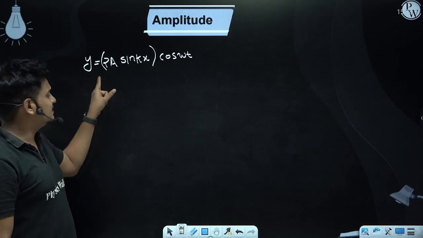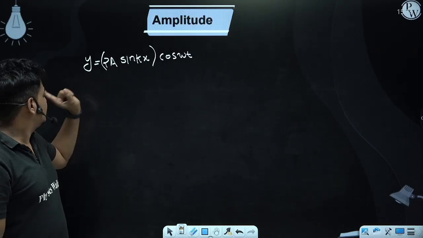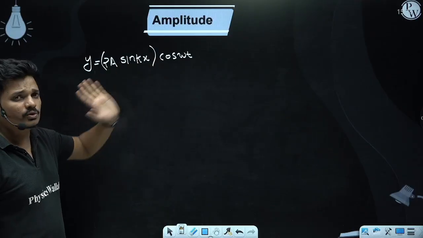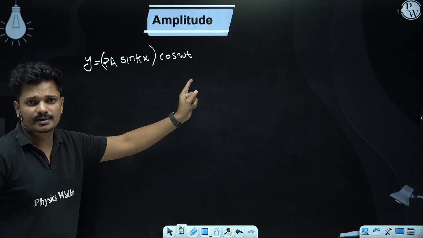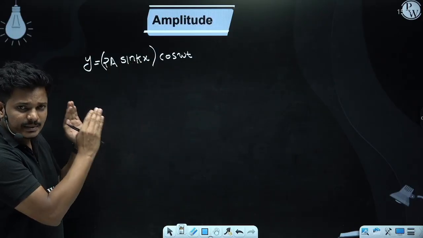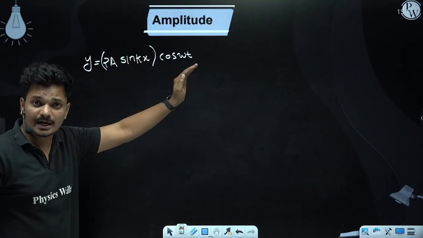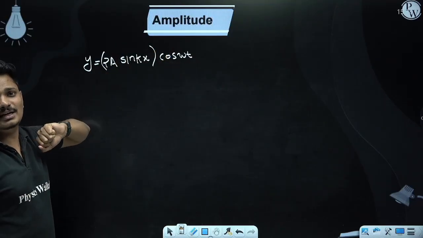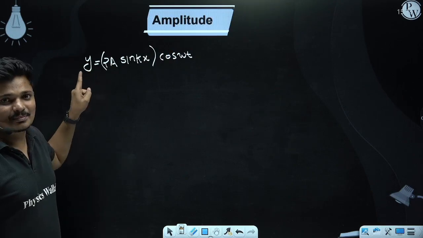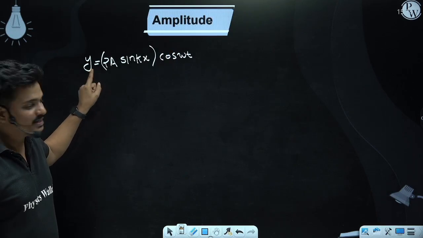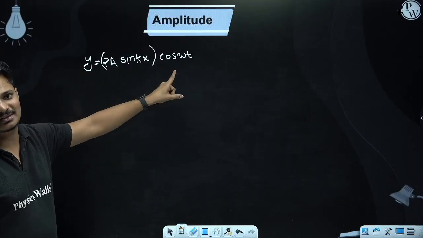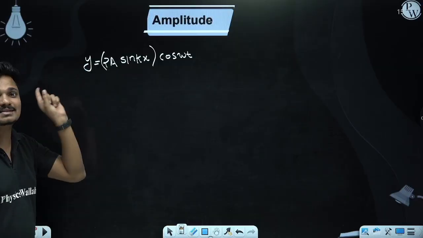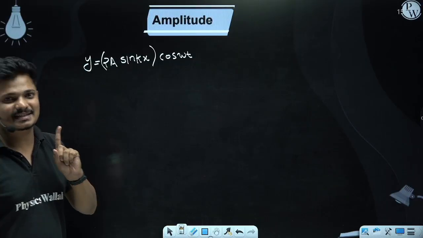That means displacement equation is something into cos omega t. If a displacement equation is something into cos omega t or sin omega t, then what we can say? That this is a particle displacement. So particle is a standard SHM equation. So that means particles are performing SHM.